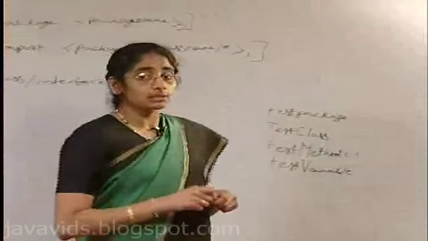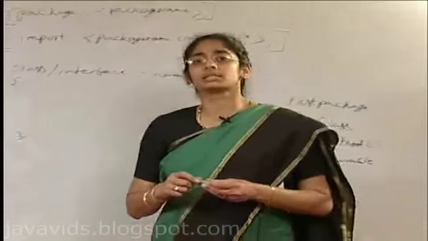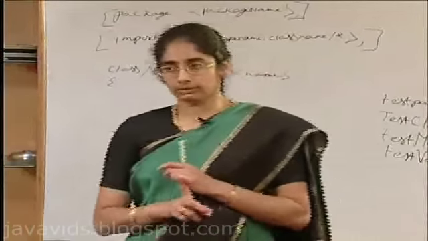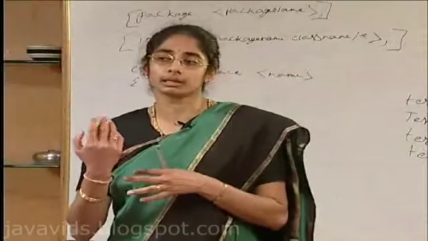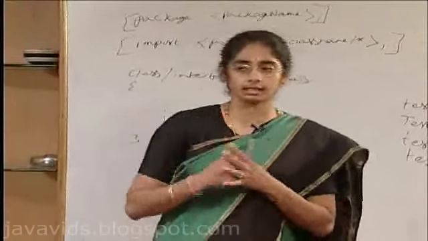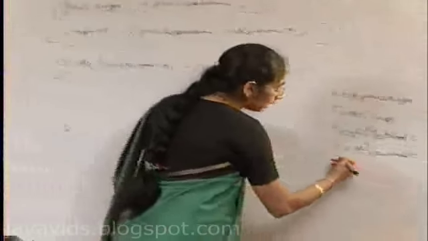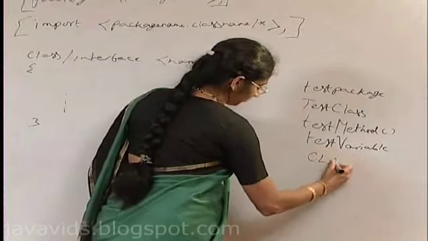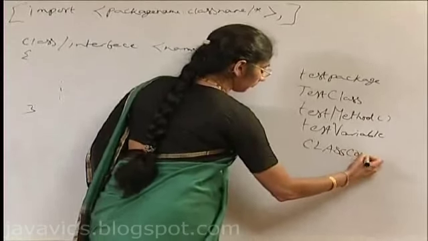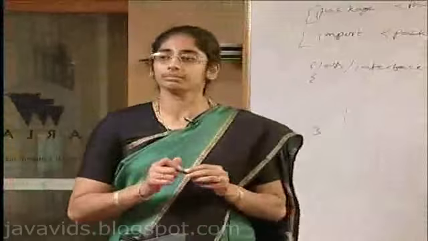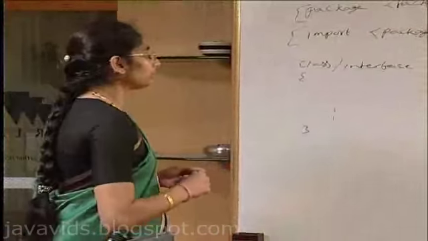Now, any class constants. What do I mean by class constants? A constant is a final. When I say class constant, it has to be a class member, so it has to be a static member. So static final variables will always be in uppercase, completely. Static final variables must be completely in uppercase.